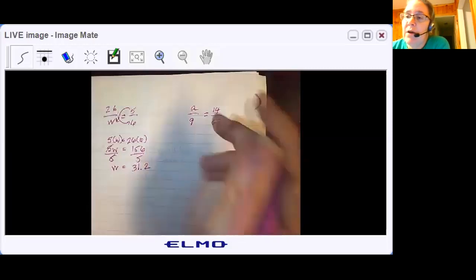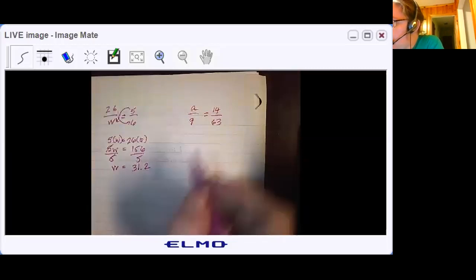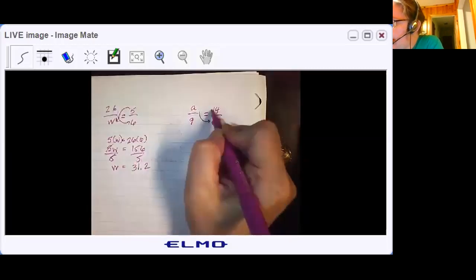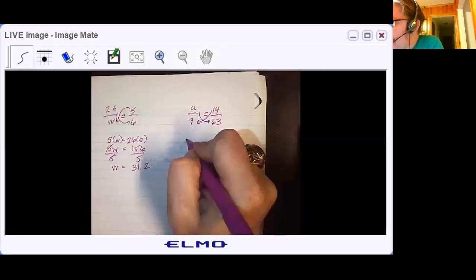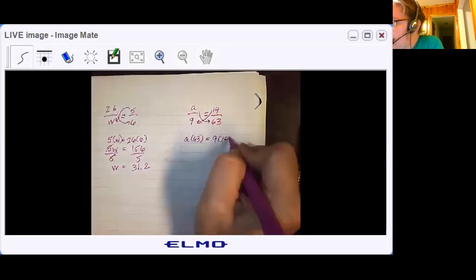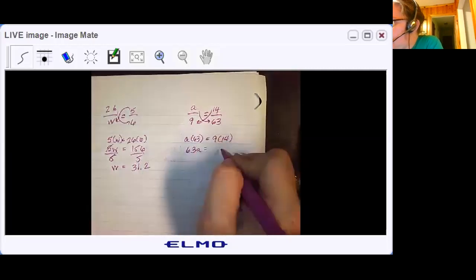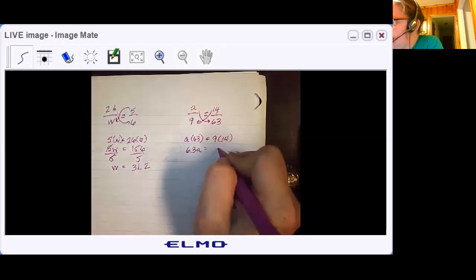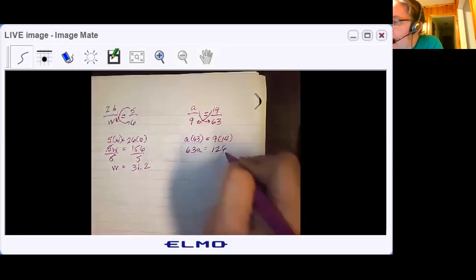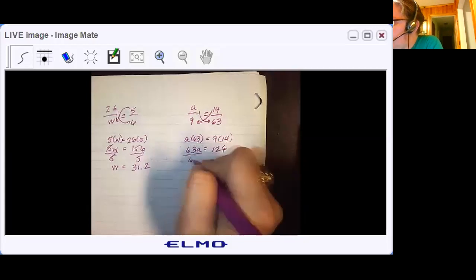Now, it doesn't matter where your variable is, we're still following the same process. We're going to cross multiply. So I get 63A equals 126. I'm going to divide by 63.